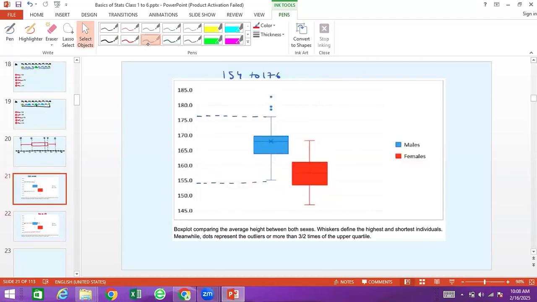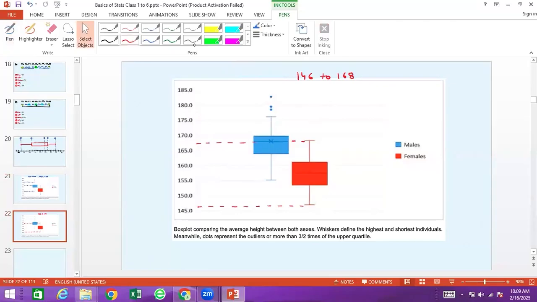The other information that I can get is the median value. For boys, the median height is around 168. For girls, the median height is around 158, let's say.